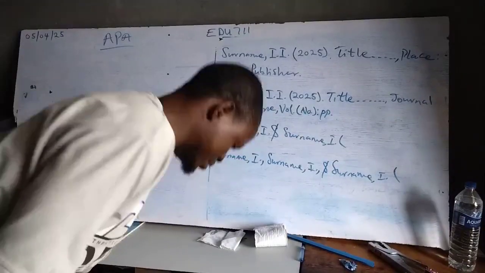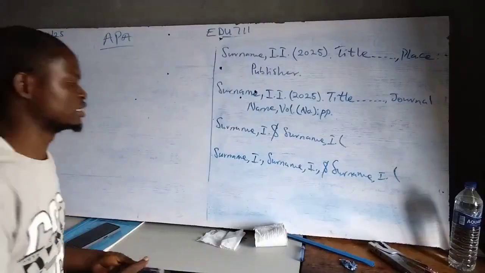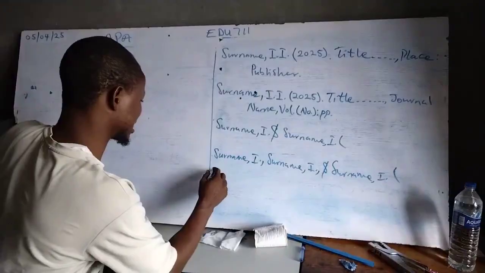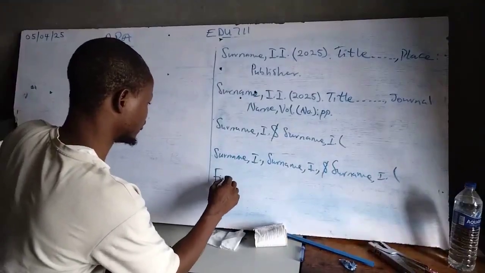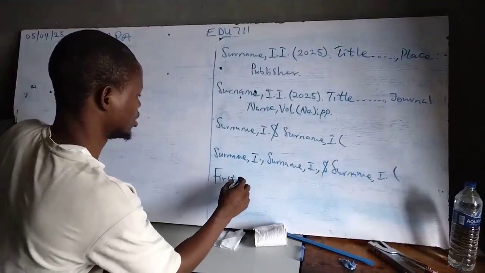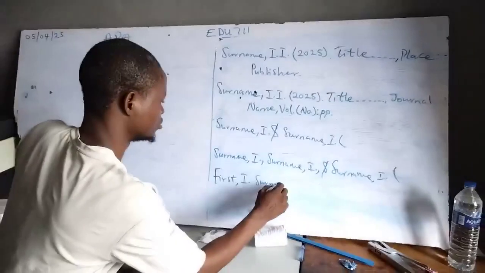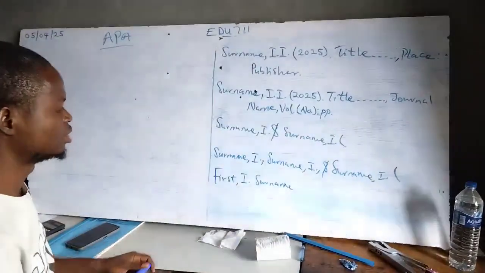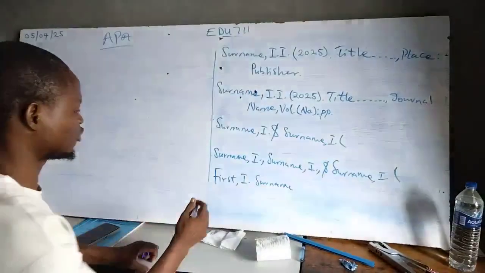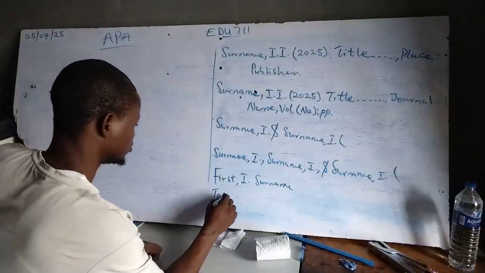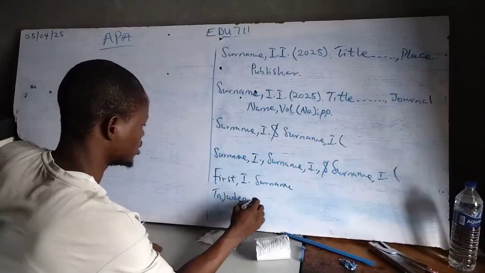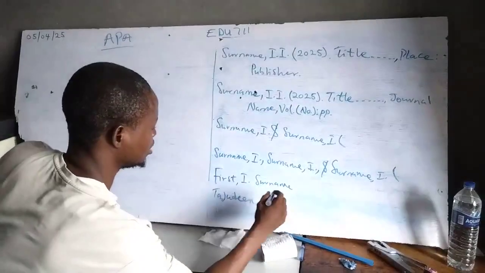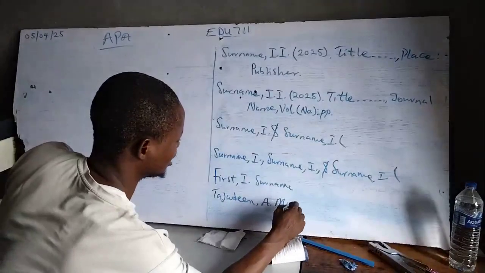because conventionally when writing a name, you start from the first name, initial, then surname. So if I'm writing my name, for instance, my first name is Tajuddin, my initial is A, and my surname is Mukaila.